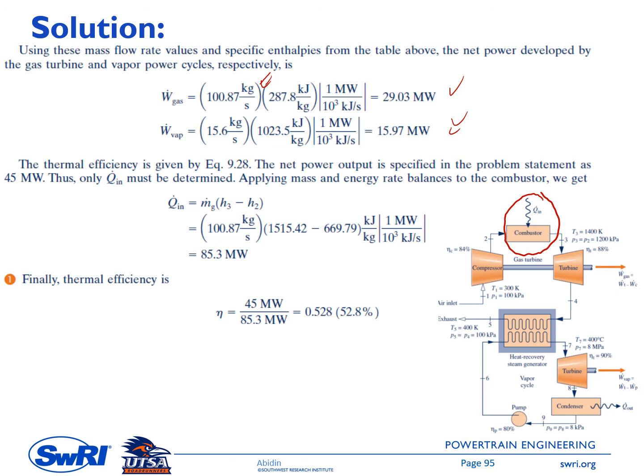It is m dot g times h3 minus h2. We have all the numbers, and we just need to plug in. We will get Q in of 85.3 megawatt. Then the efficiency is 52.8%. So it is, I believe, the highest efficiency so far compared to the previous problems.